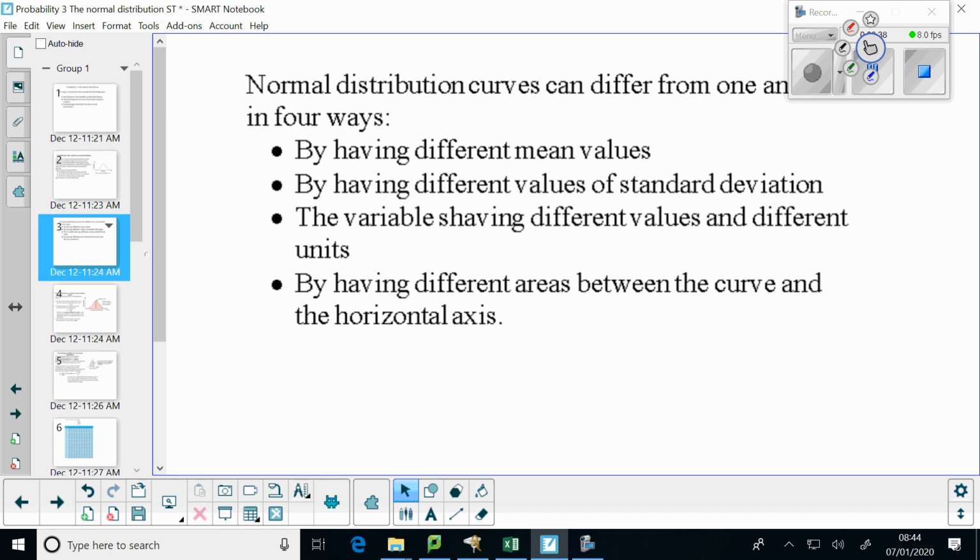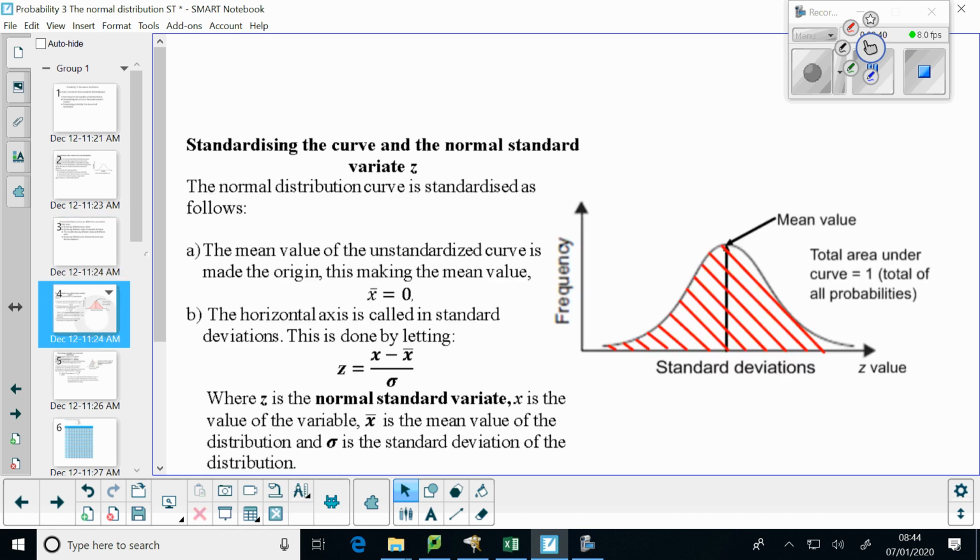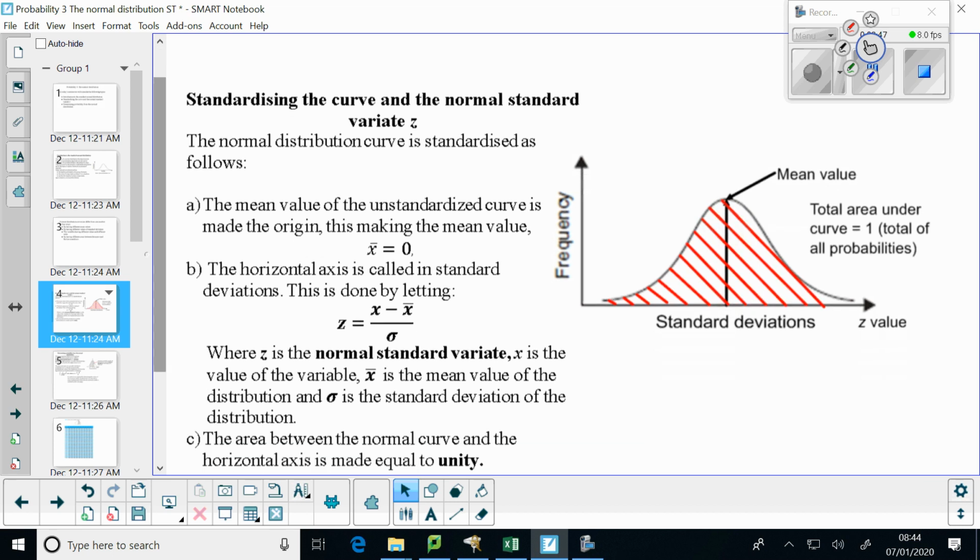Okay, so what does all this mean then? Standardising the curve. What they do is standardise the curve and look at what's called a normal standard variate Z. The mean value of the unstandardised curve is made the origin.